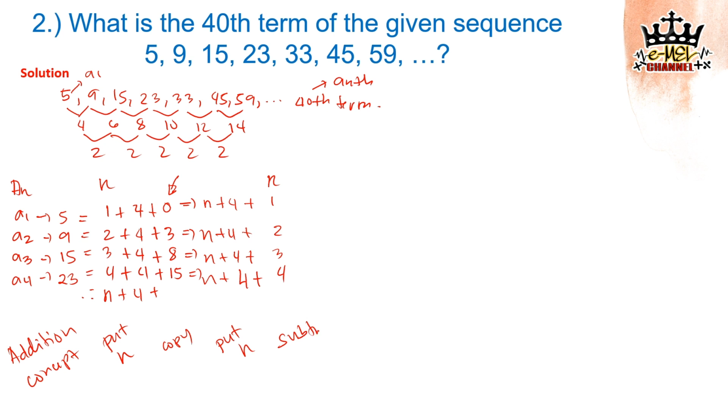Then subtract 1, minus 1. Then do the evaluation. 1 minus 1 is 0. 2 minus 1 is 1, not 3. 3 minus 1 is 2, not 8. 4 minus 1 is 3, and to make it 15 we're going to add 12.